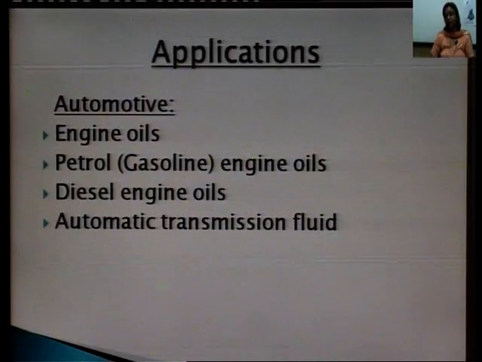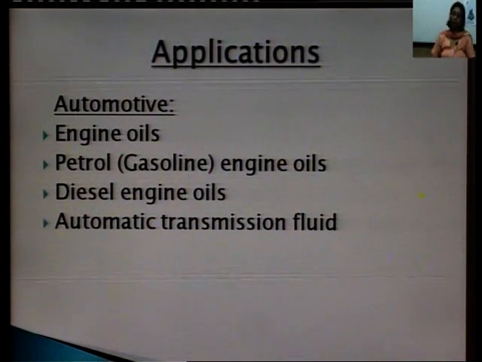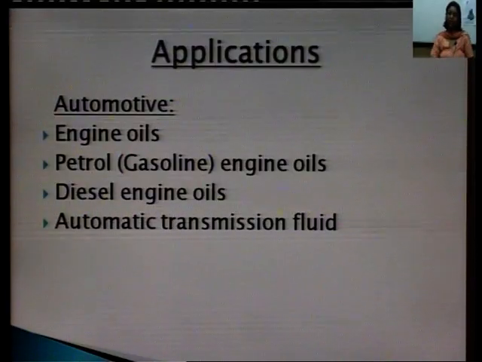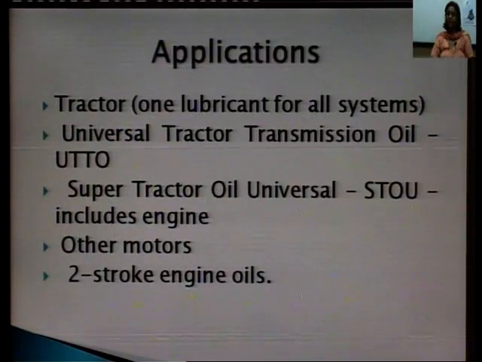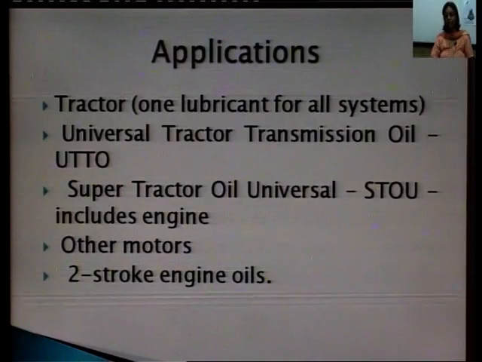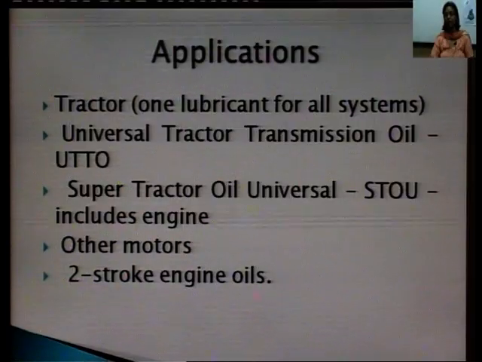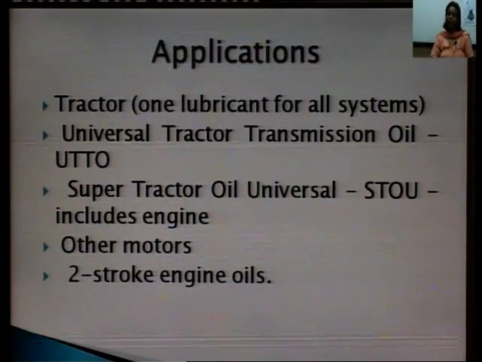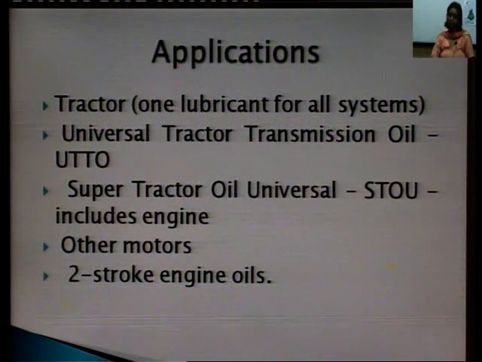Then applications of the lubricating oils in the automation, as engine oils, as petrol engine oils, diesel engine oils and automatic transmission fluid. In tractors we use only one lubricant as universal tractor transmission oil, also called UTO, and super tractor oil universal, STOU. Then we use these lubricating oils in other motors and two-stroke engine oils.